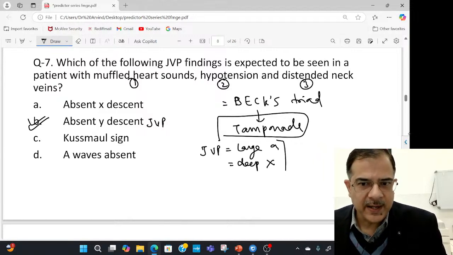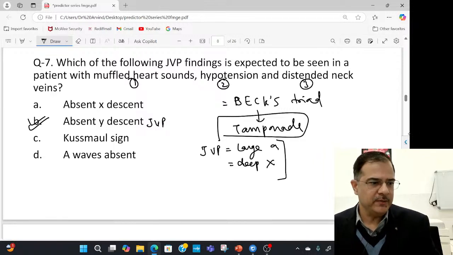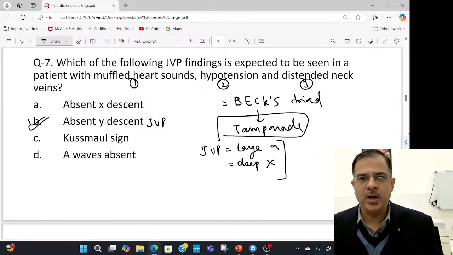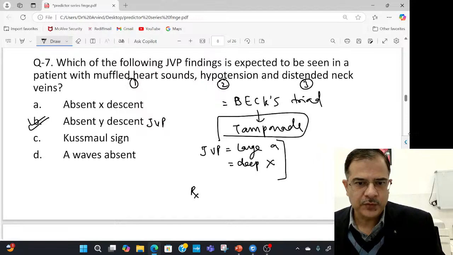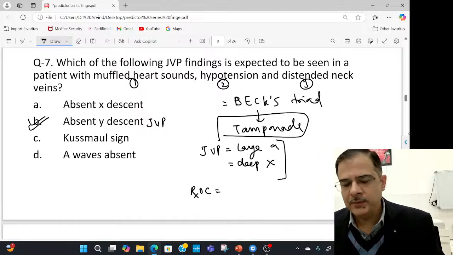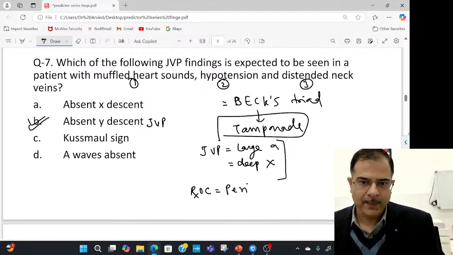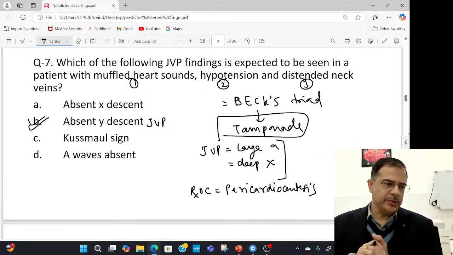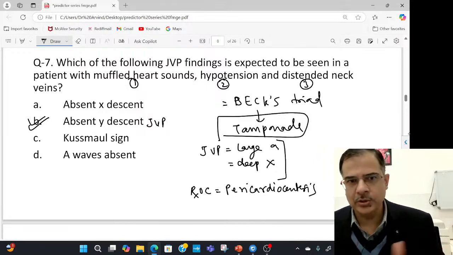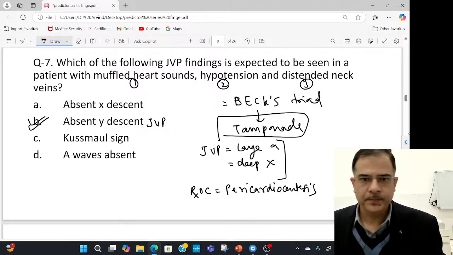These are the other findings seen in cases of Beck's triad tamponade. What is the treatment of choice for cardiac tamponade? The treatment of choice is pericardiocentesis. Everything is important about cardiac tamponade.